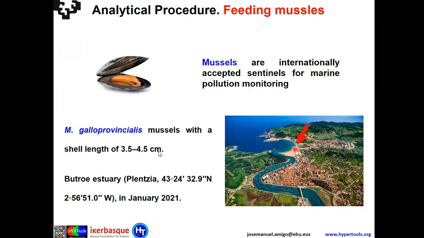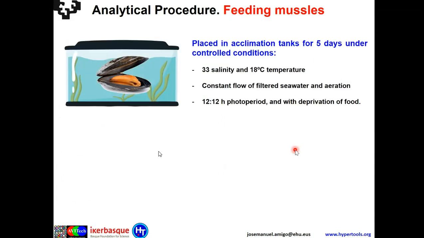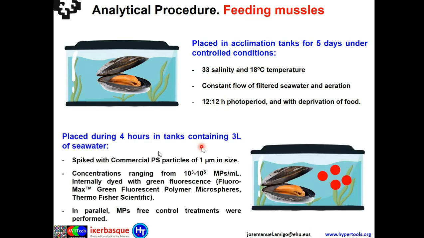Okay, so we took quite a lot of mussels, and then we put them in controlled conditions for salinity and temperature, and we let them clean themselves. Okay, then we placed them for 4 hours in a tank that we spiked with commercial polystyrene particles of 1 micron size.